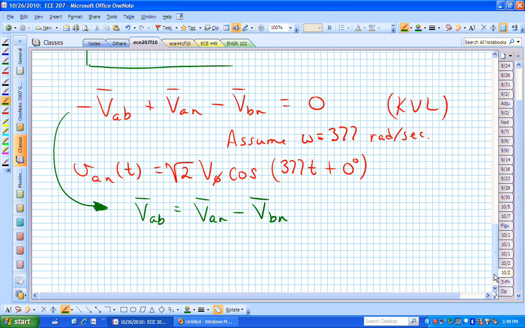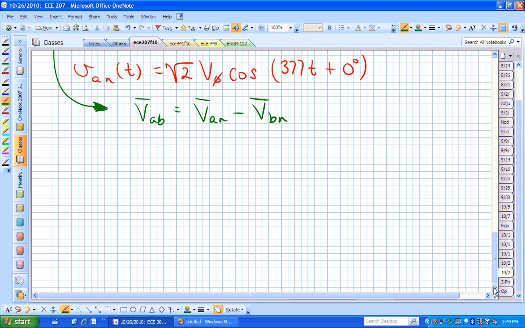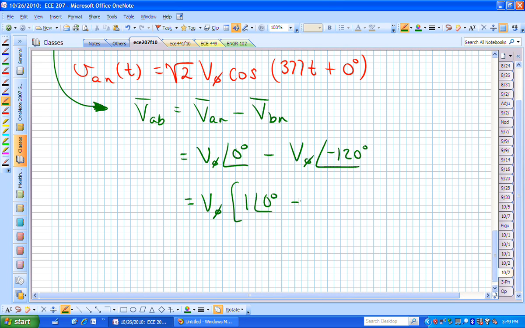V sub AB, and we did this before, didn't we? V sub AB was V sub phi at an angle of 0 degrees, and we subtract from that V sub phi at an angle of minus 120 degrees. V sub phi is common to both of those, and I can now say something like this.